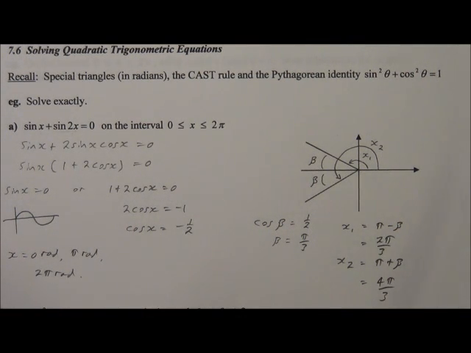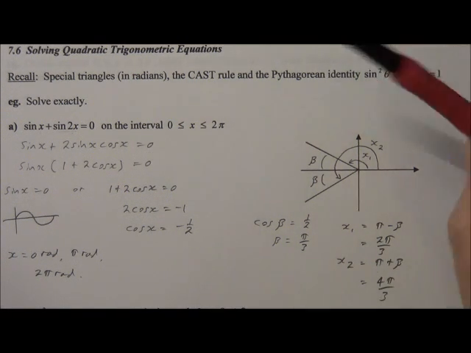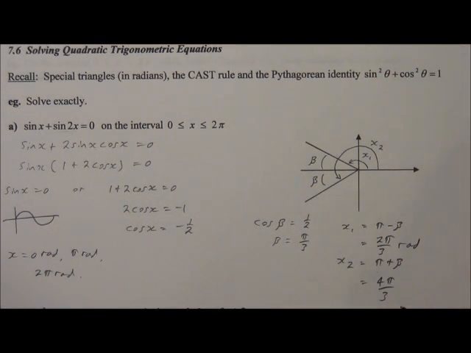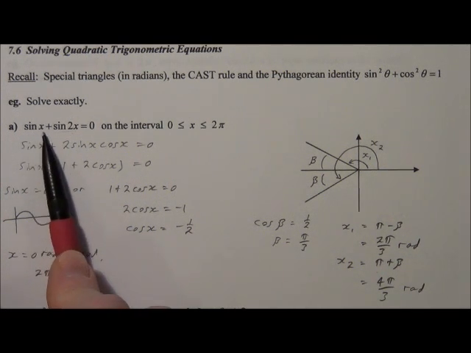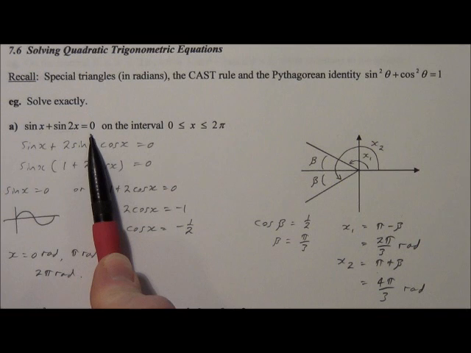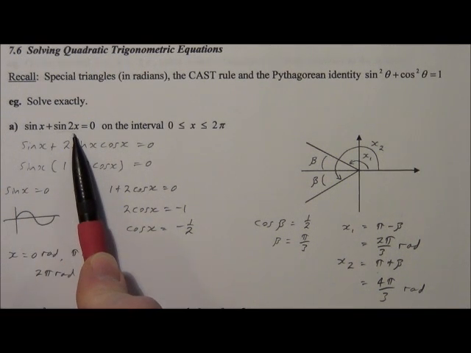So therefore the final solution would be that x equals 0 radians, pi radians, 2 pi radians, 2 pi by 3 radians, and 4 pi by 3 radians to solve this quadratic trigonometric equation here.